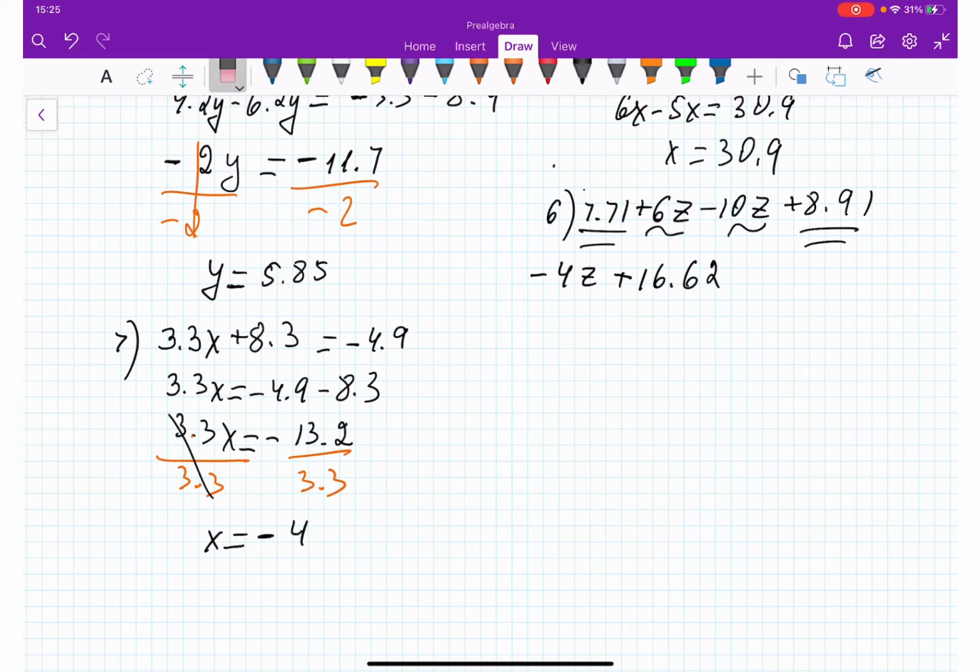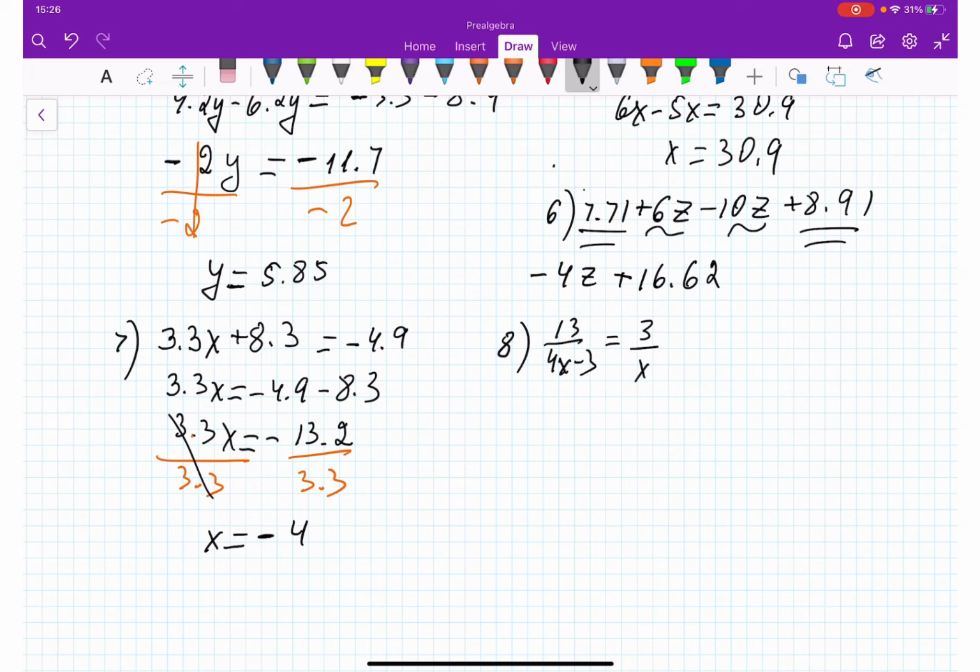Okay, question number 8. 13 over 4x minus 3 equals 3 over x.